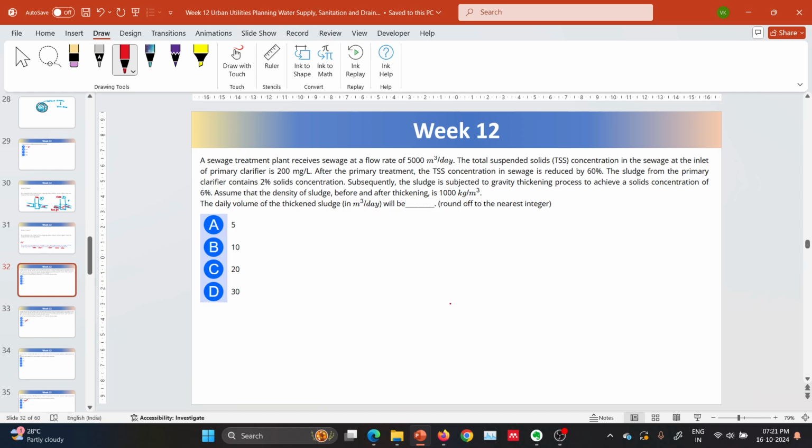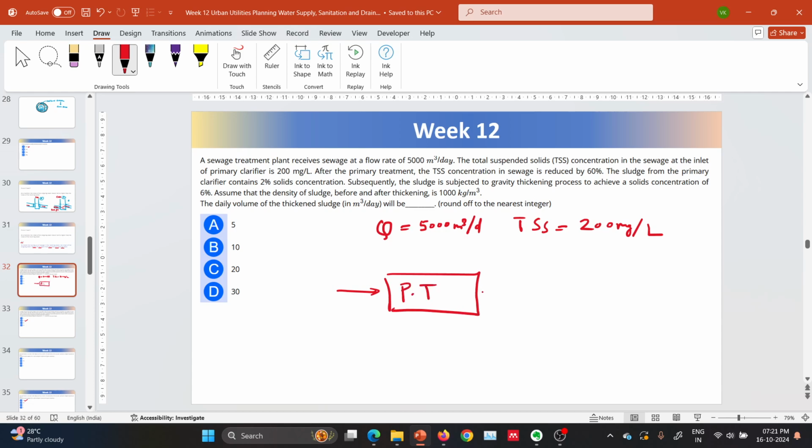We have a question here. A sewage treatment plant receives sewage at a flow of 5000 meter cube per day, and the total suspended solids are 200 milligram per liter. After the primary treatment, the TSS concentration in the sewage is reduced by 60%.